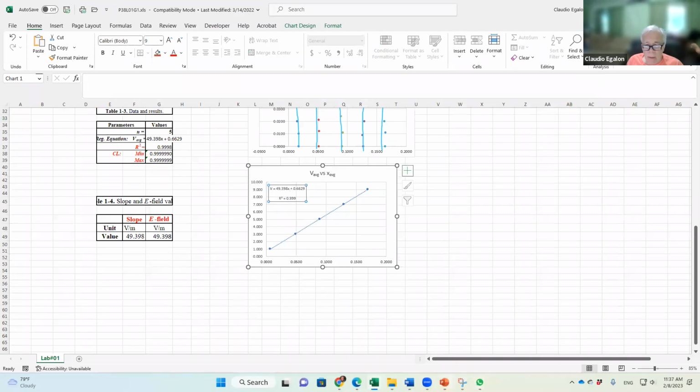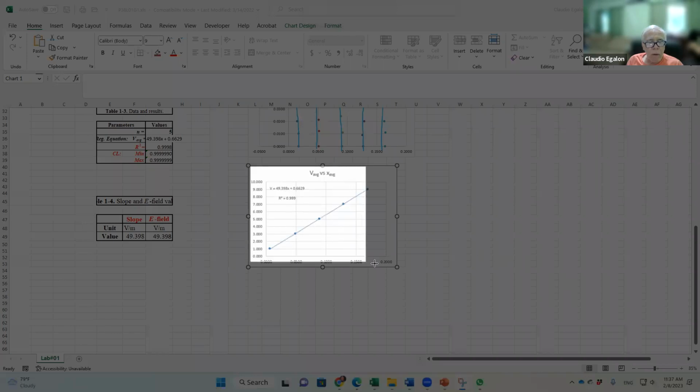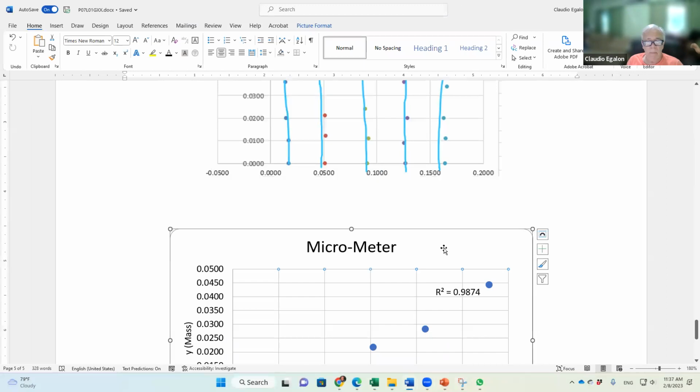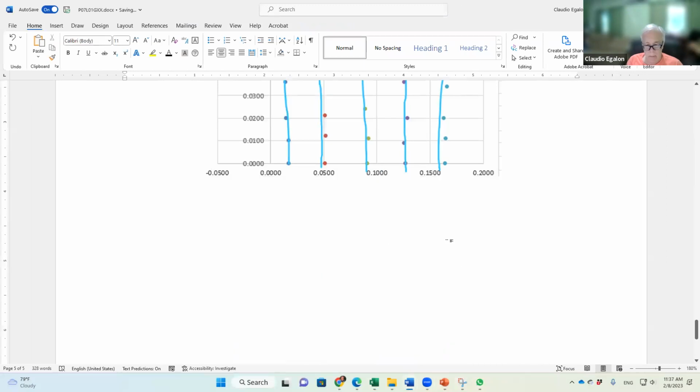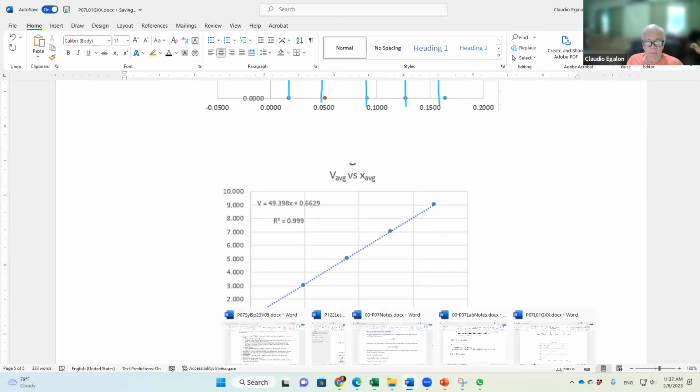Move it. Let me copy it again, so the graph can look better. Here you go. Paste, right? Don't let the thing appear in there.